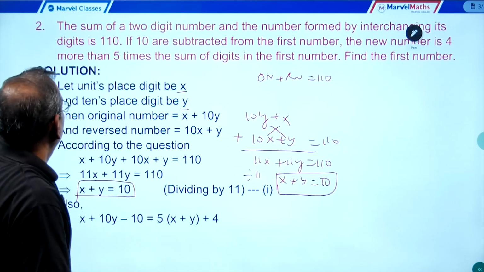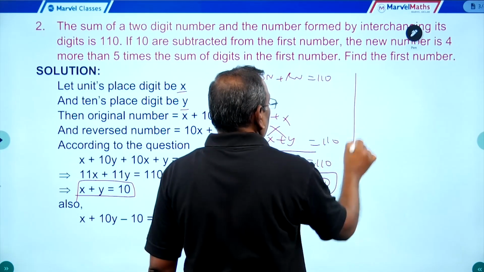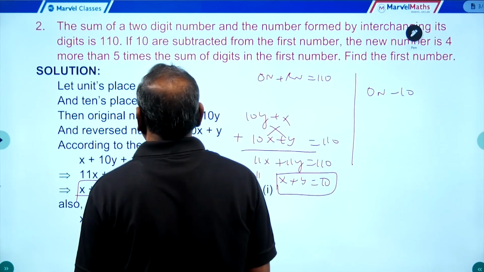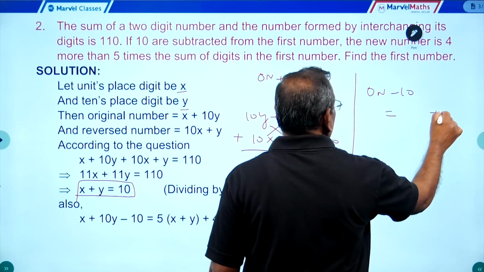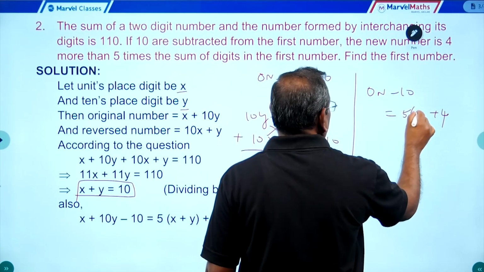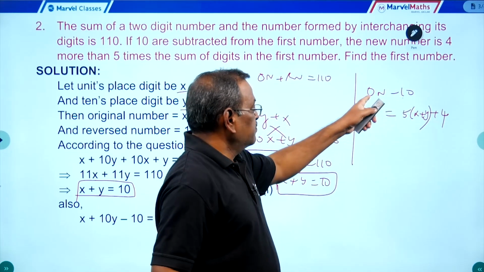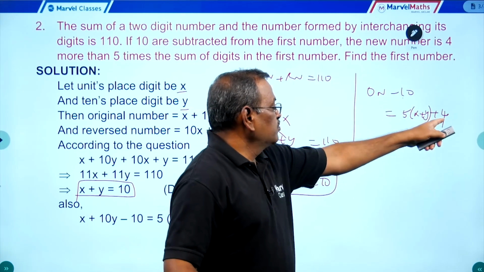And second condition, if 10 is subtracted from the original number, the new number is 4 more than 5 times sum of the digits.